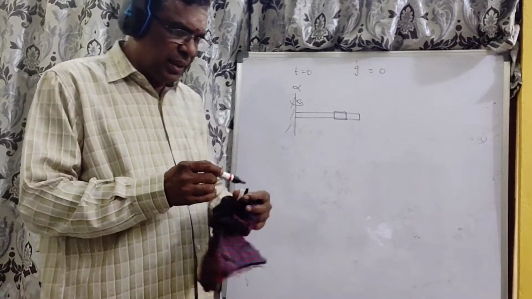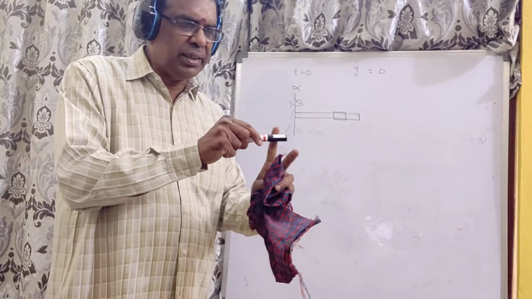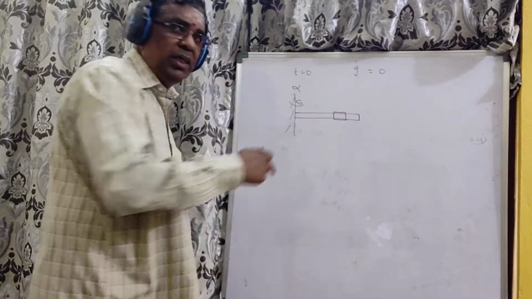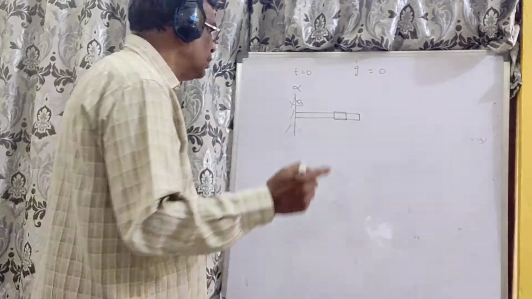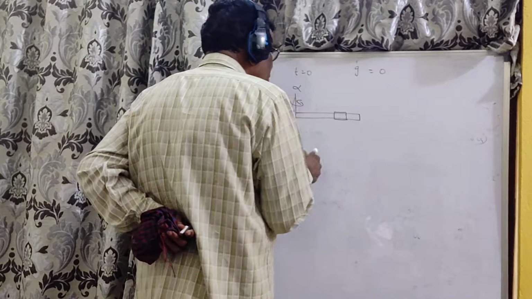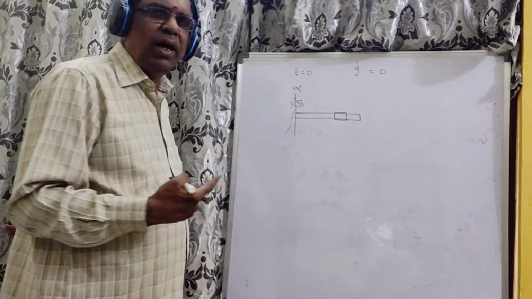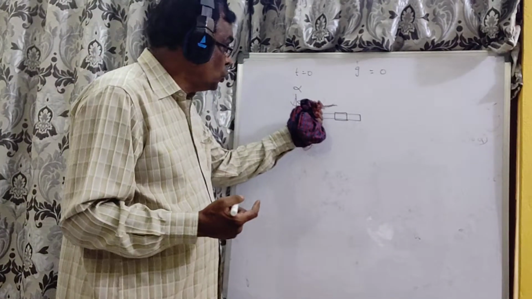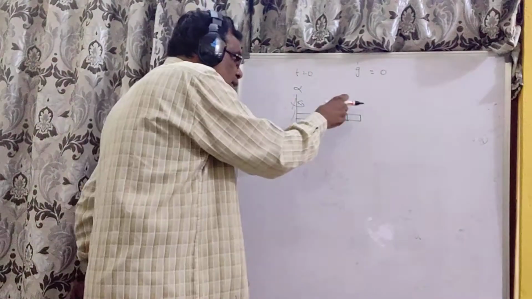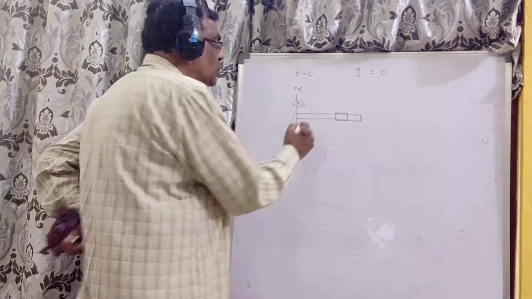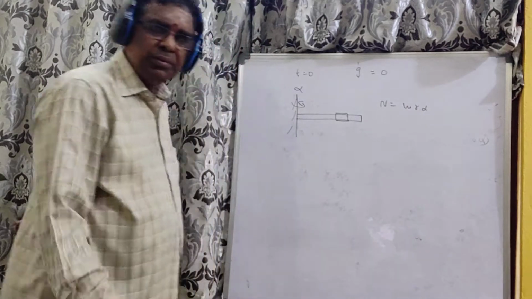So what happens, as I describe it again, this is the body and it tends to move like this. So normal force is into the board. mg is 0, it doesn't act. So N, and then it is going with R alpha. So what is the pseudo force? m R alpha. A inside, mA outside. So N is equal to m R alpha.